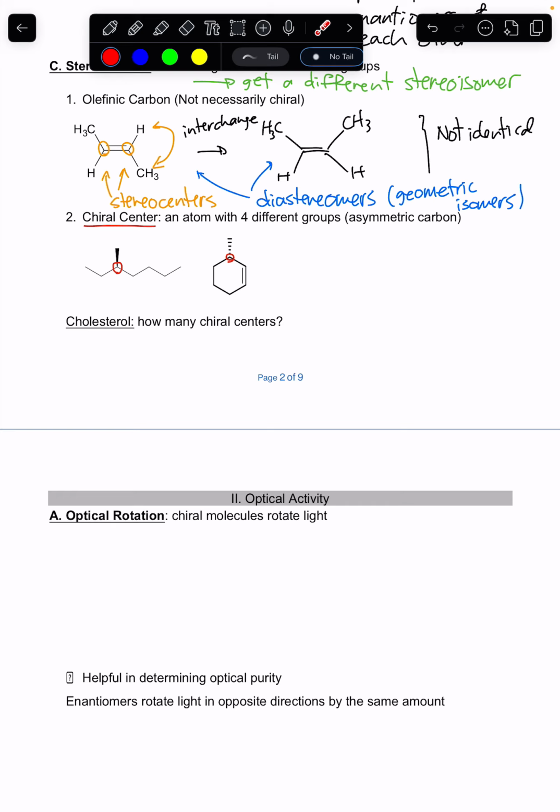In fact, if you want to verify that, you draw the mirror image of it, and it would not be superimposable. Now, I'll draw another example.